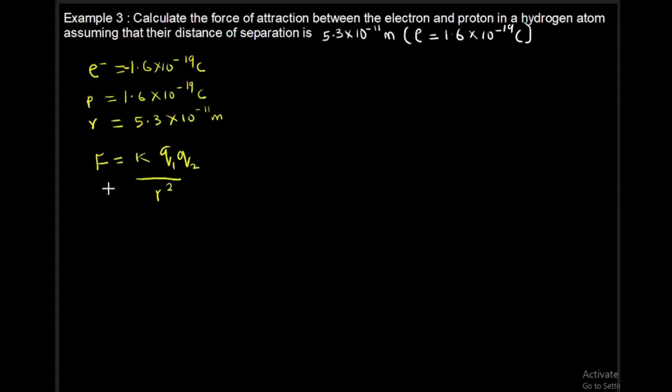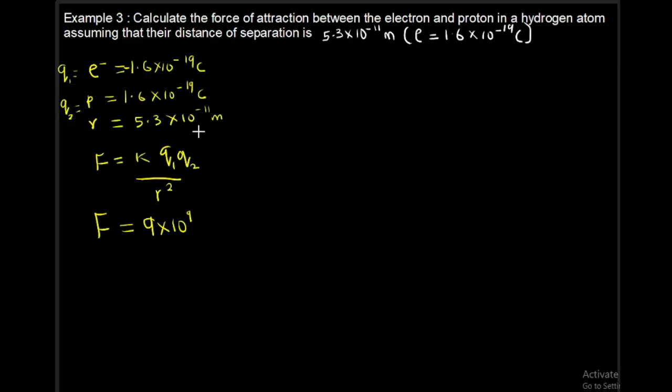Now, K is a constant, and it's equal to 9 times 10 raised to the power 9. Alright, don't forget K is always equal to 9 times 10 raised to the power 9. Let the electron be Q1 and then the proton be Q2.